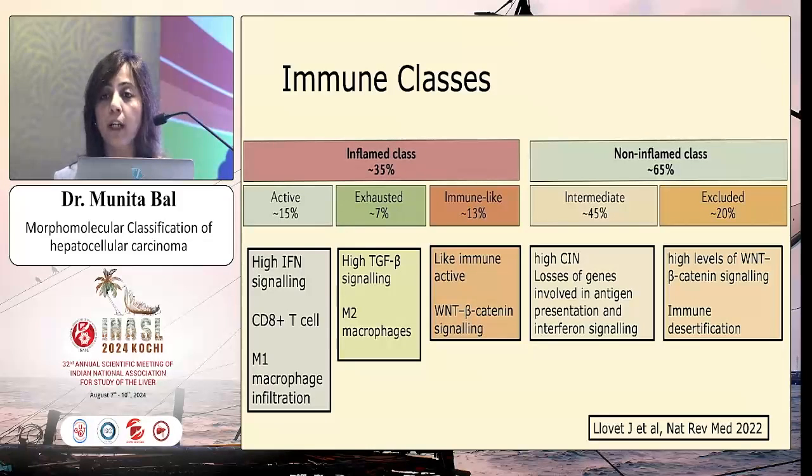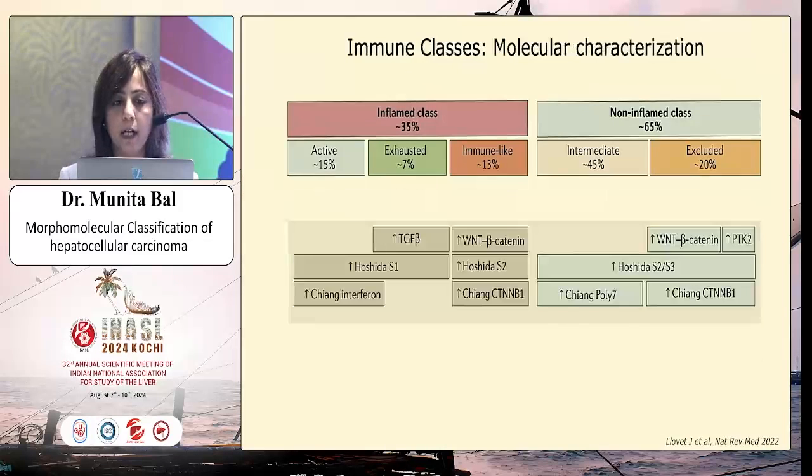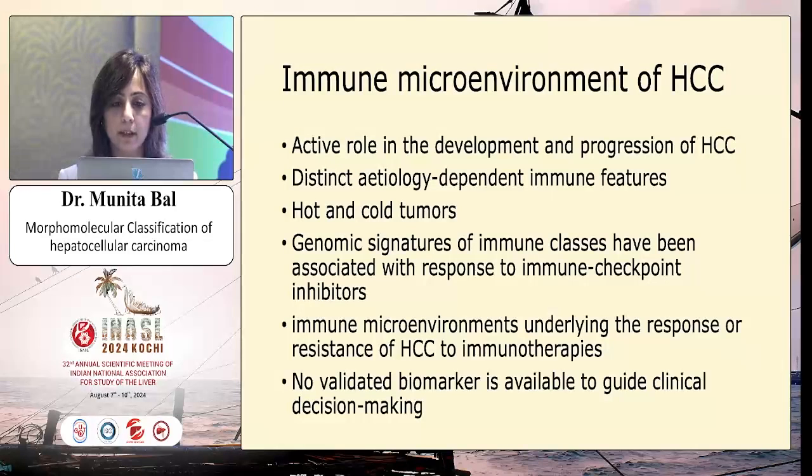We have broadly an immune classification where you have the hot HCCs and the cold HCCs. The hot ones have inflamed signatures and a very rich immune microenvironment, whereas the cold ones have immune desertification, and the immune milieu is not very active.